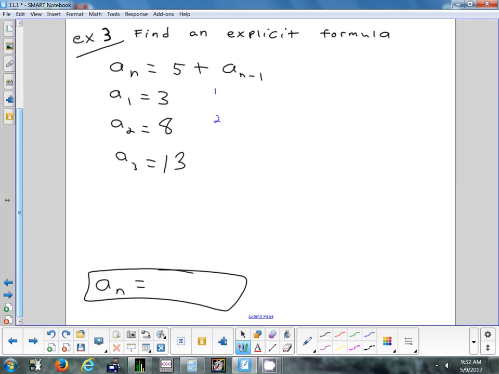Think about it. First term, how would you get to the fourth term? You would multiply 1, 2, 3 times. So 3 times to get to the fourth term. That's why there's a -1 there. And it's times the first term. So you got to know the first term, and then you're good.